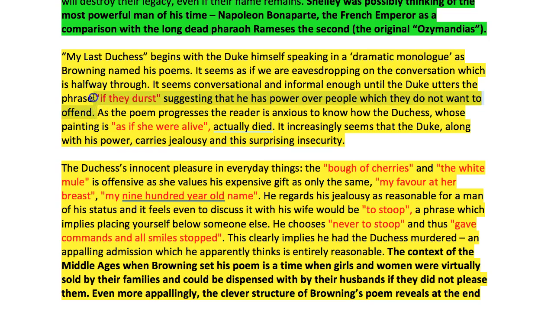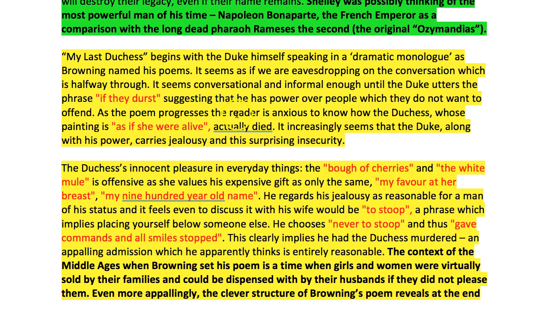Rather than just saying that language there shows how powerful the Duke is, this makes a point about how the Duke exercises that power. So he wants to appear conversational at the start, because he wants to seem friendly, but then he lets the Count's representative know that actually he's far from friendly, he's formidable.